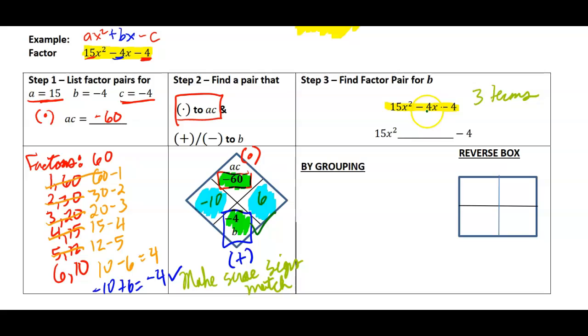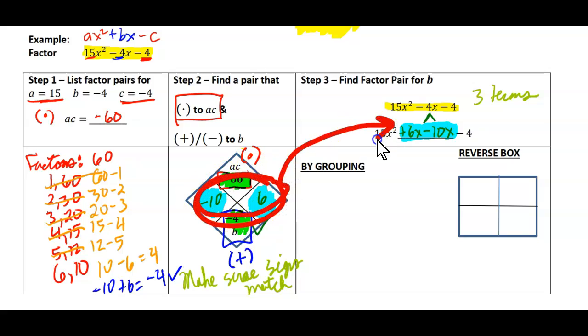We're going to take this middle number, which was negative 4, and make it into the 2 numbers we just found, which is going to be plus 6x and minus 10x. Notice that these 2 numbers come from your diamond and then they go in. That's what you're using the diamond for, to find those 2 numbers.